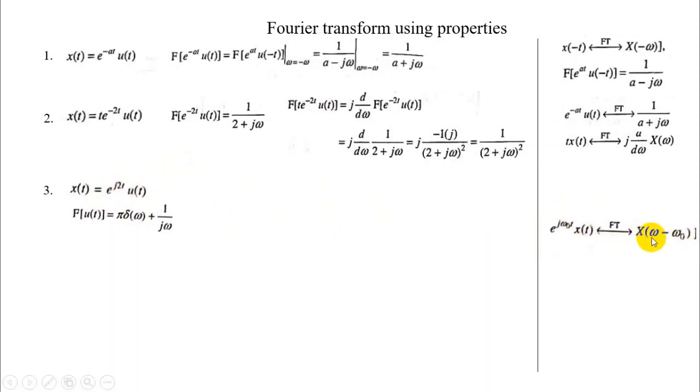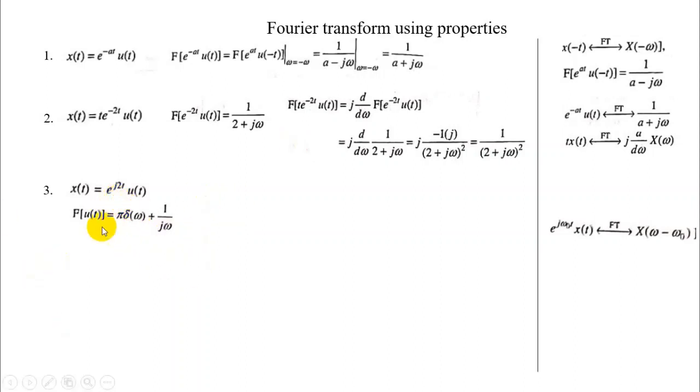So how could we transform that? We need the Fourier transform of x(t), given by X(omega). Here x(t) is u(t), so we need to find the Fourier transform of u(t).